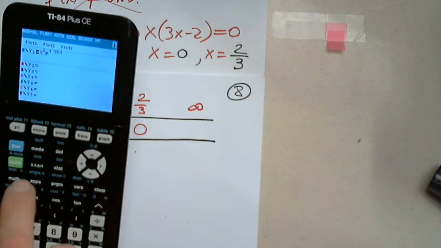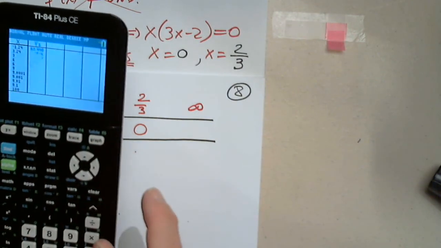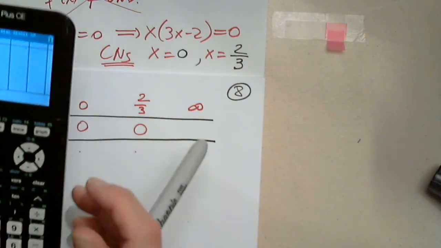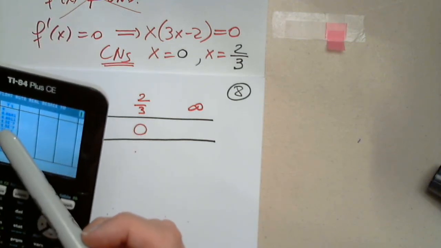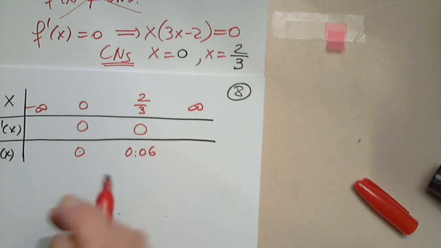Please, parentheses. So second and table, and I want to plug in 0. That's not a problem, I know it's 0. But I want to plug in 2 divided by 3, and I get 0.06. Okay.